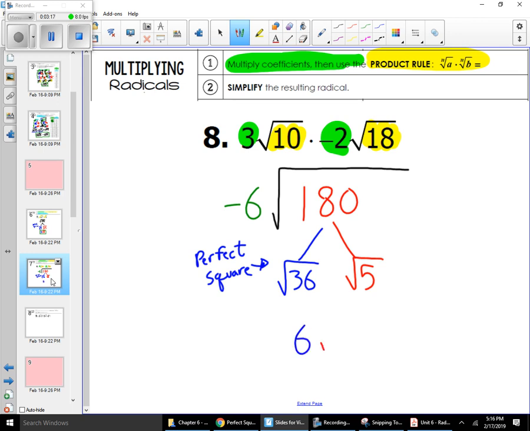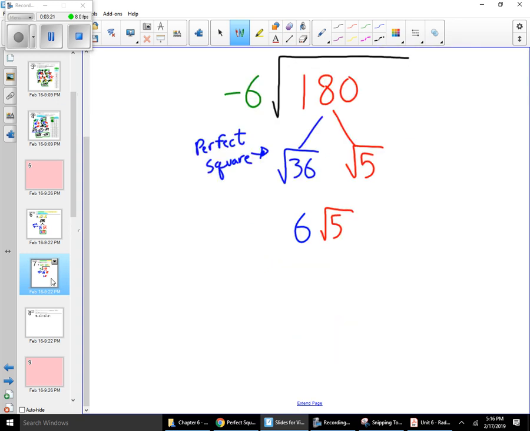The square root of 5 is not a nice number, so the root 5 just tags along for the ride. And we don't want to forget that coefficient. There's still a negative 6 on the outside of our radical. And keep in mind, this was all multiplication. So we have a negative 6 times 6 is negative 36 root 5. That's it.